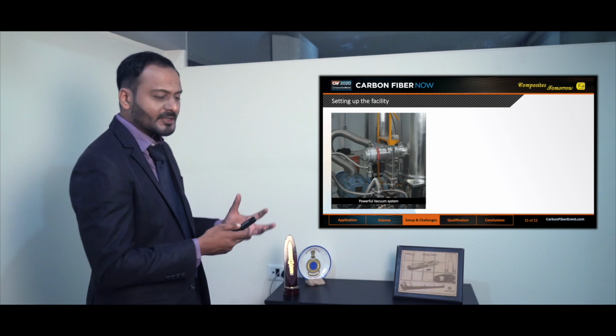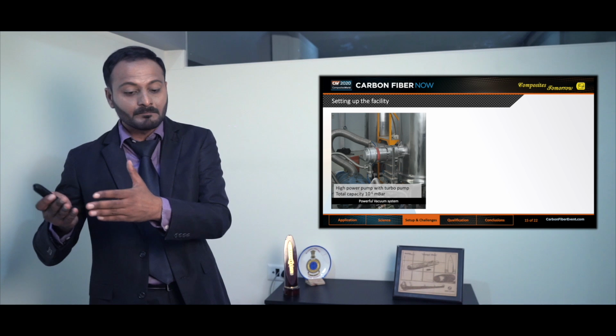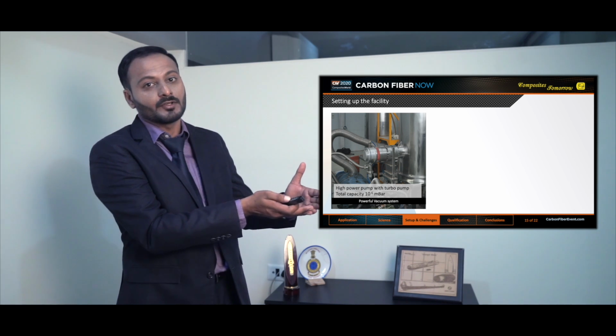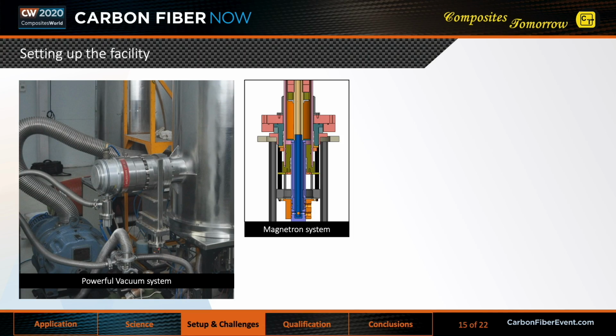This can be a system of auxiliary and turbo pumps that can take us from the atmospheric pressure to 10 raised to minus 3 millibar and thereafter to 10 raised to minus 6 millibar. We would also require a magnetron assembly that can oscillate. Why oscillation?